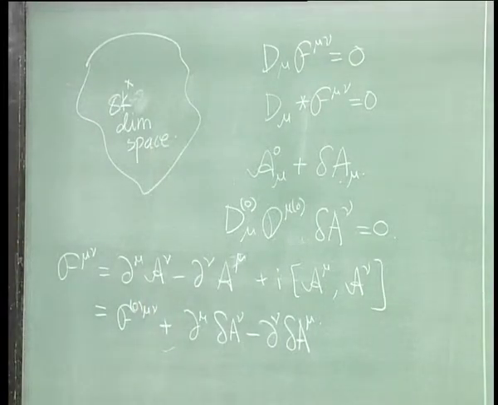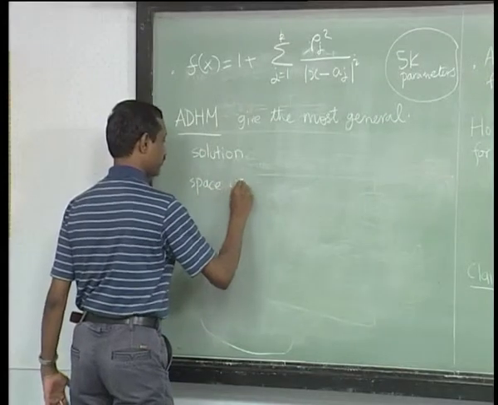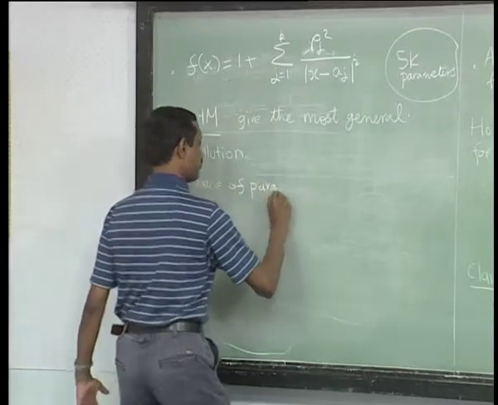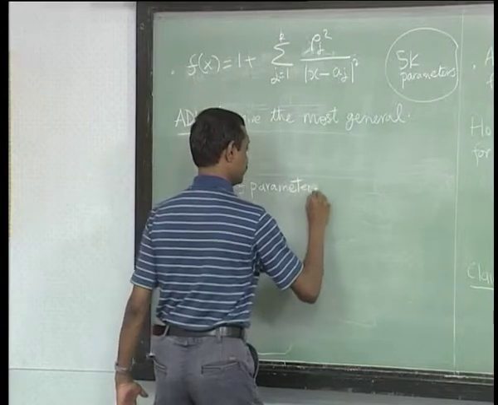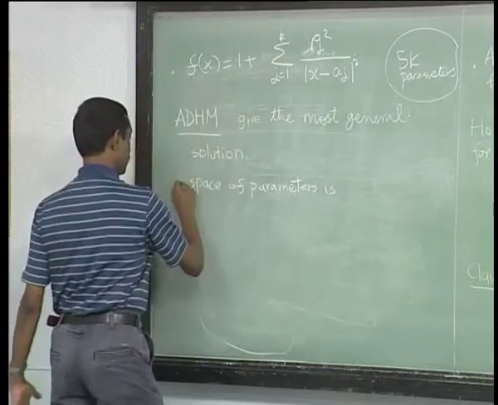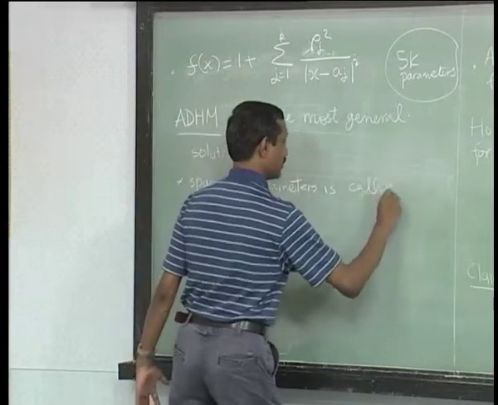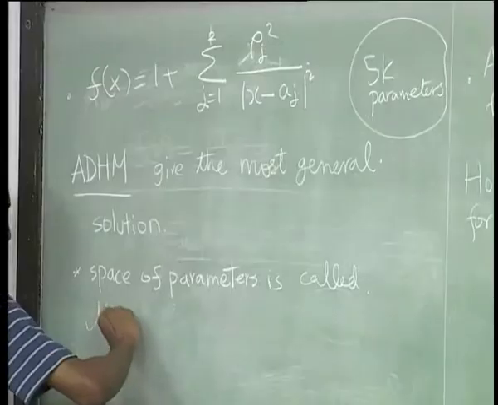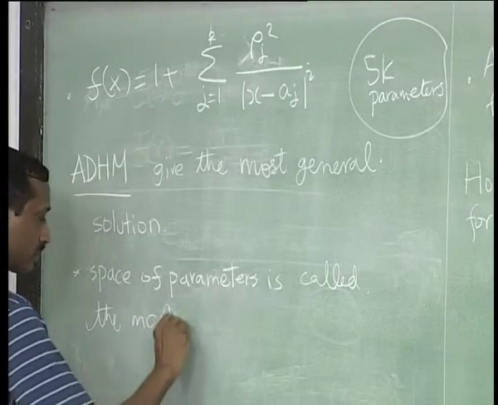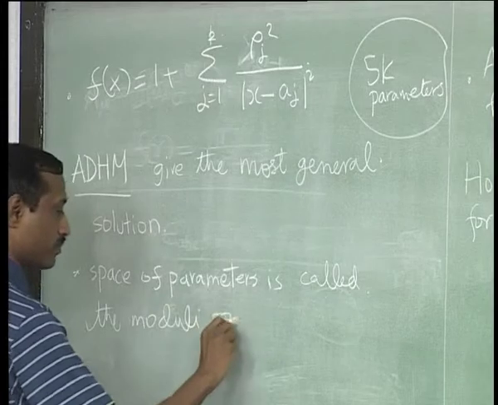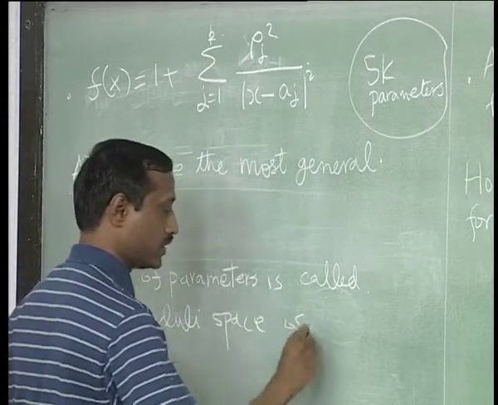And this space of parameters is called the moduli space of, in this case, k instantons.